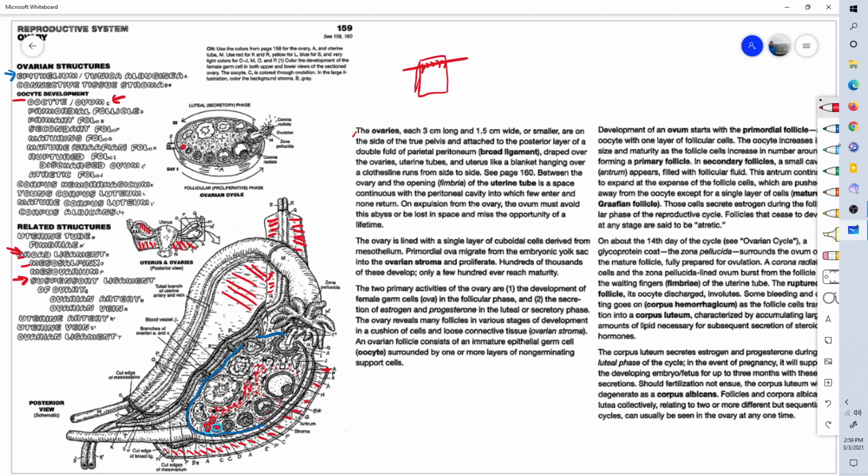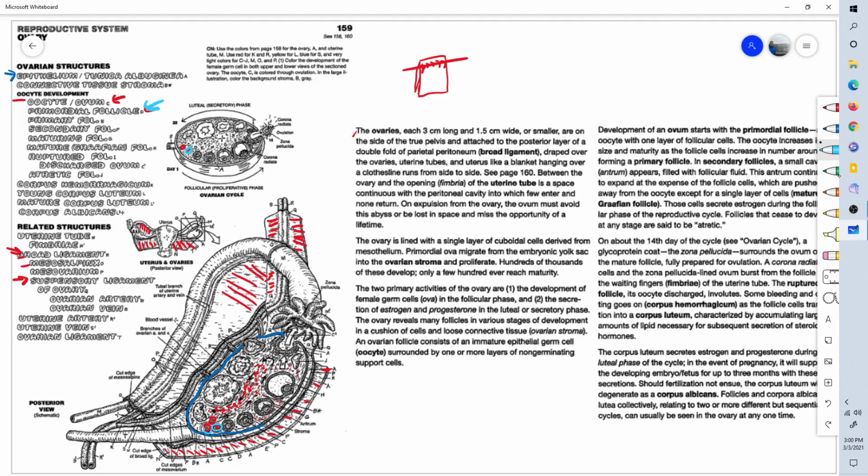And that's called a primordial follicle. It's right here. It's the egg surrounded by supporting cells called follicular cells. So here's the egg in the middle, and then we have the supporting follicular cells on the outside, and that's called a primordial follicle.